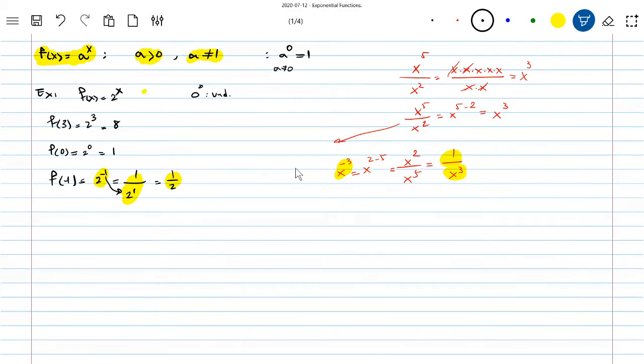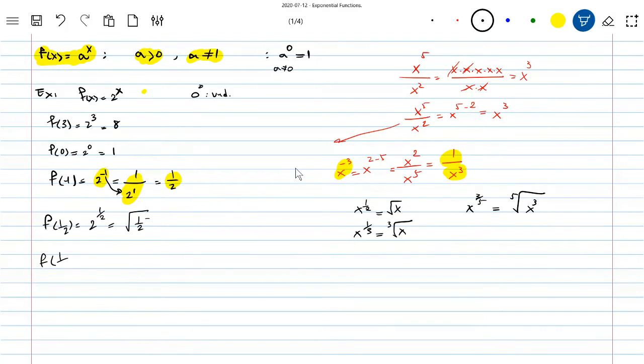What if I ask you what is f of 1/2? You should say, okay, 2 to the power 1/2 means, you remember a fractional exponent, the square root of 2. x to the power 1/2 was the same as the square root of x. x to the power 1/3 would be the cube root of x. How about x to the power 3/5? This is the 5th root of x to the power 3. So if you say f of 3/5, this means 2 to the power 3/5, which means the 5th root of 2 to the power 3.